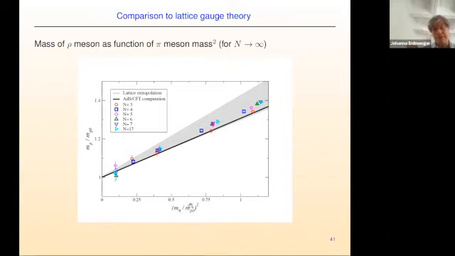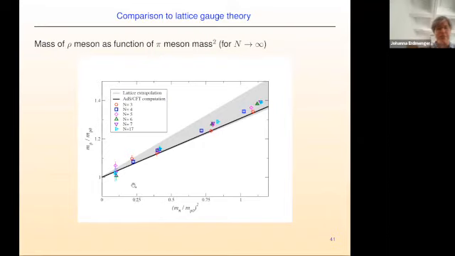Here we just normalize to some scale for the sake of the argument, but you could also plot the same plot using mega electron volts along this line. And then this would mean that we sit at some particular point on this line. So one point on this line corresponds to the physically observed value of this pi meson, and we see that there's agreement with this error bar.